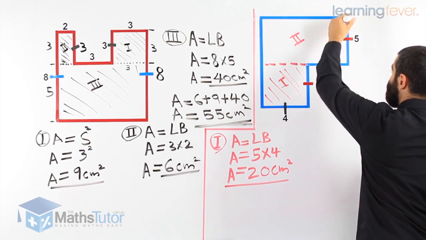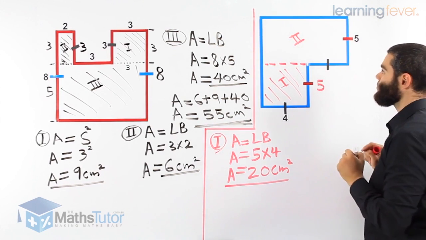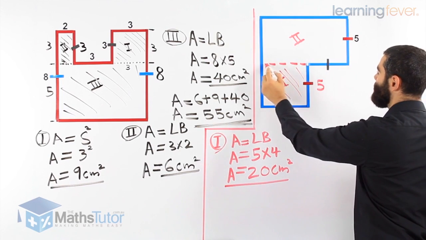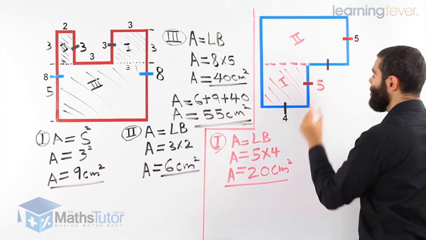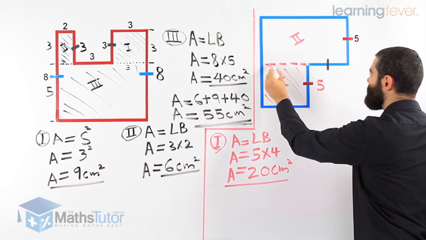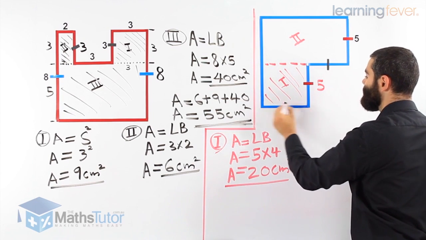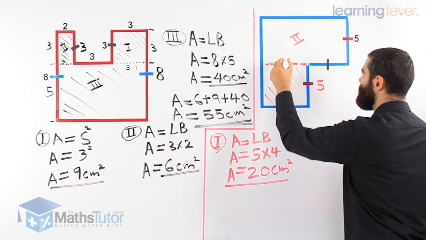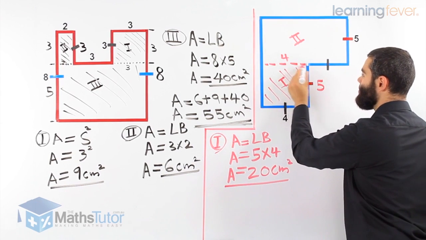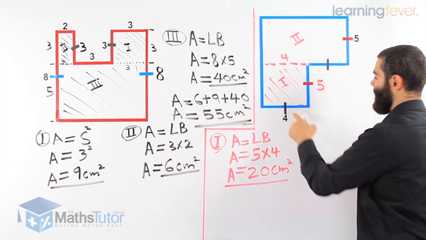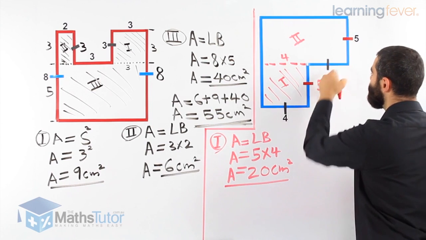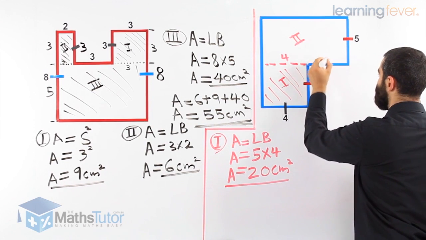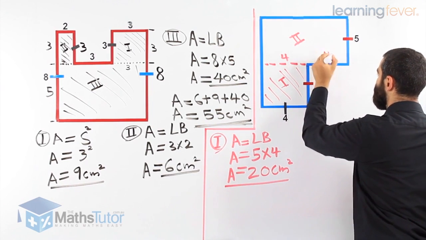We can tell that the breadth is 5. It's already given. What is the total length? We know that this side is opposite that side there. That means if this is 4, this is going to be 4. And this mark and that mark are the same, which means this side here is also 4.